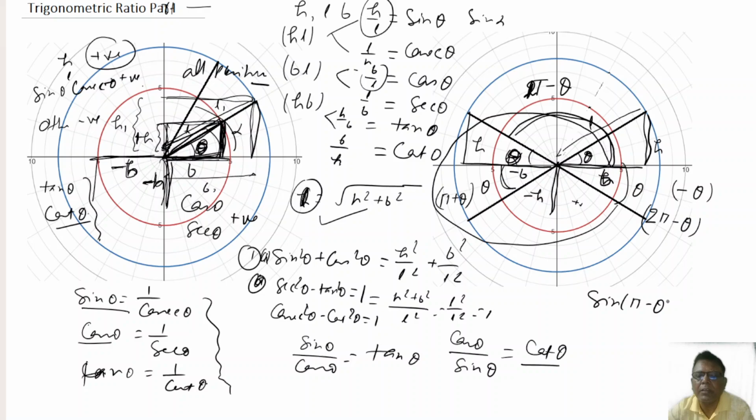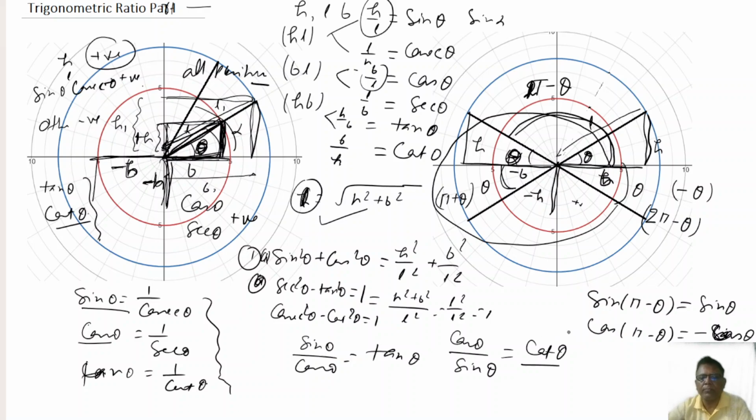Sine pi minus theta is h by L. h is positive, so that will be equal to sine theta, because sine theta is also h by L. So what will be cos pi minus theta? b will become negative, so it will be minus cos theta.